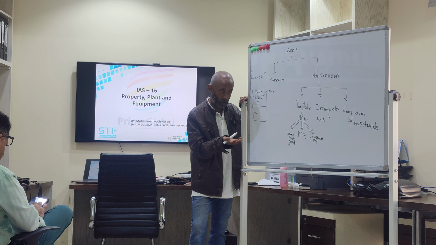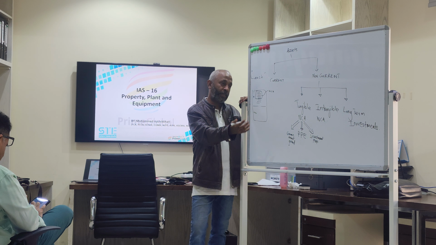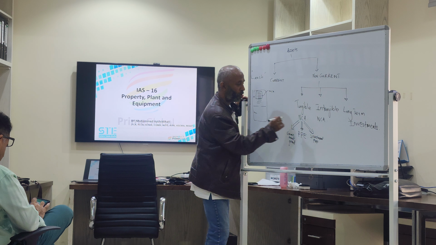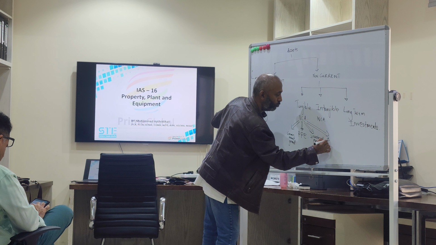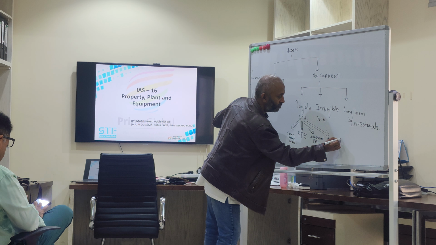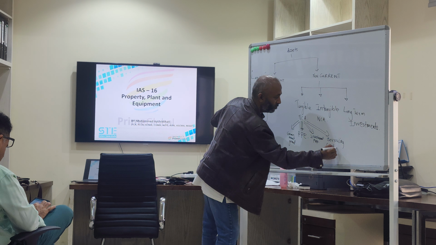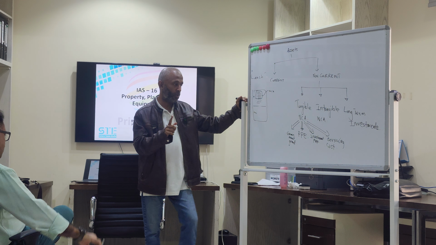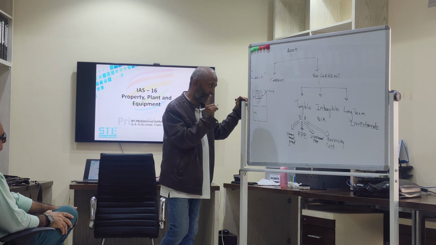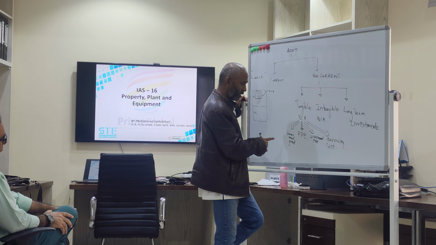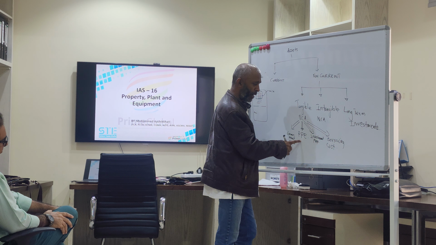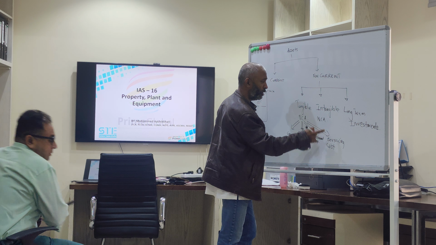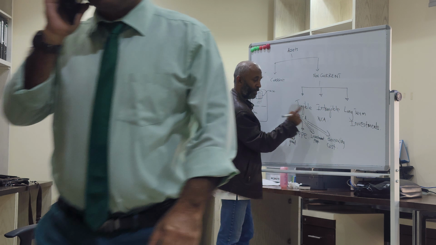When we have the loan, the bank will impose interest on you. Then it comes to something called borrowing cost. So under accounting for tangible non-current assets, we're going to discuss government grant, property, plant and equipment, investment property, borrowing cost, and also I will include this as a separate standard.